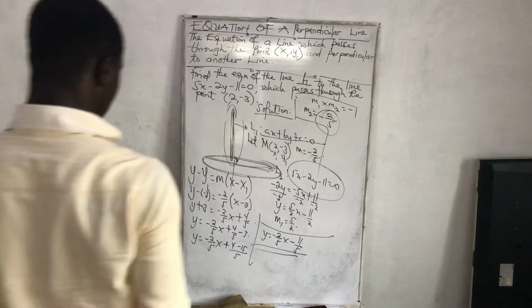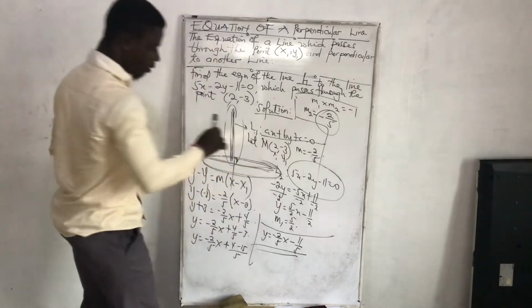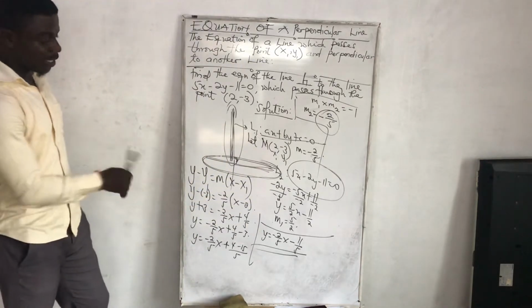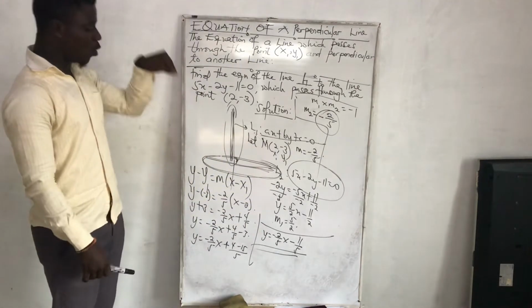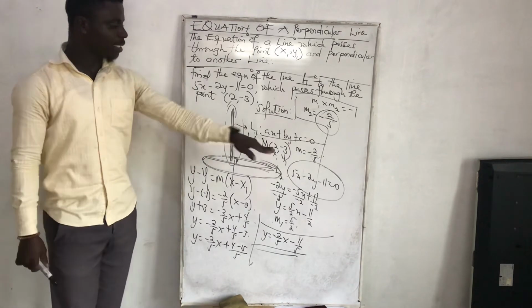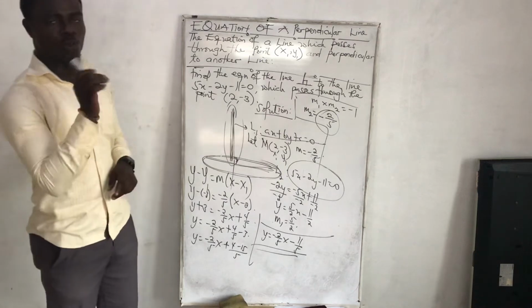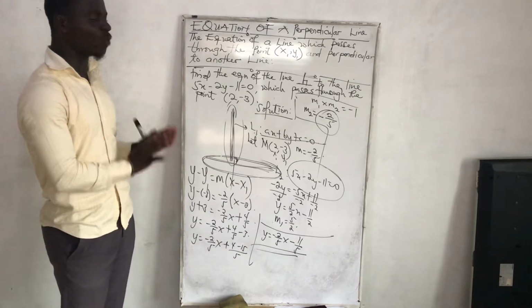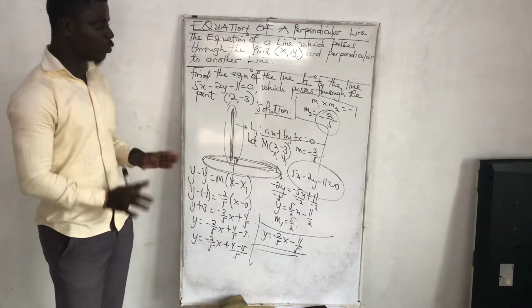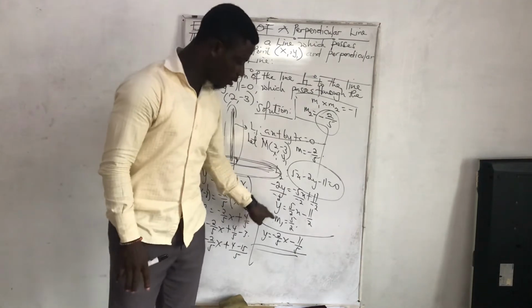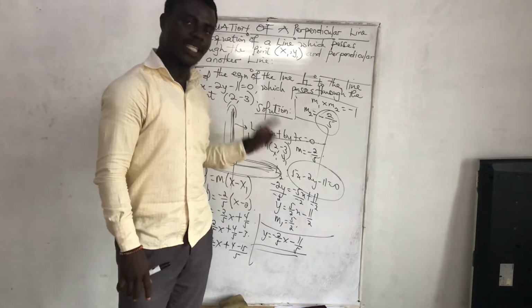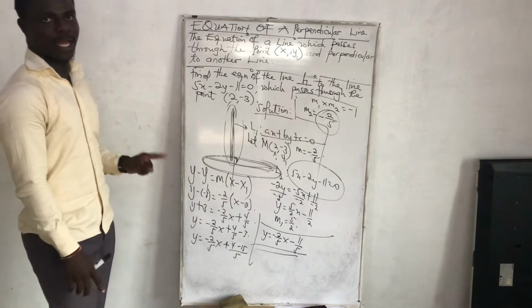So this one is the equation of the line which is perpendicular to this line, L2. So kindly mind you, when you are solving this type of question, don't substitute this gradient into the equation of the line you are finding.